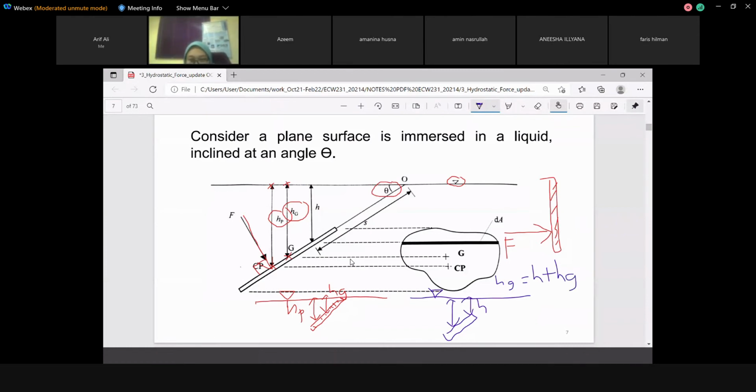Okay, and nilai HP ialah H plus HP. Okay, another part that you should know, the center of pressure must be below center of gravity. Dia tak mungkin berada di atas center of gravity. Okay, so untuk this part ada soalan tak?